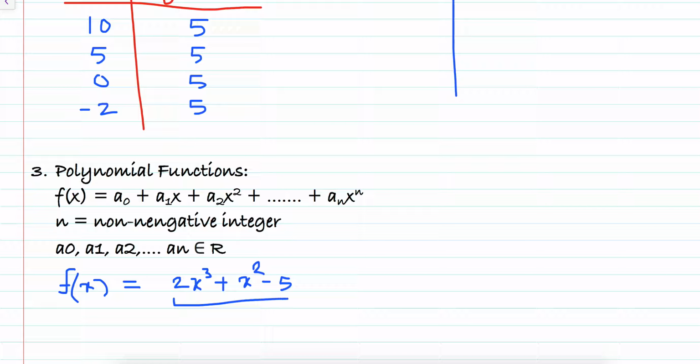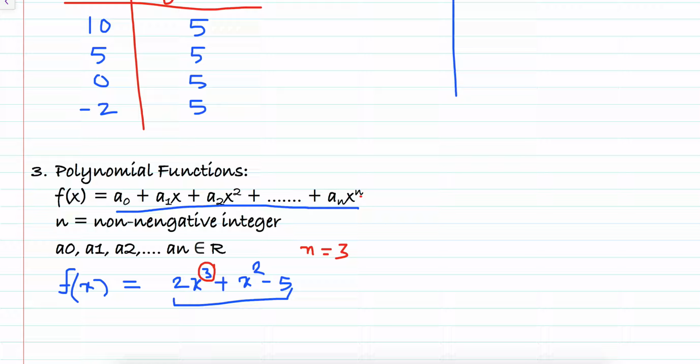So this function is in this form. Why? Because we have x cube. So here the maximum power of x, that is 3. So here n is 3.